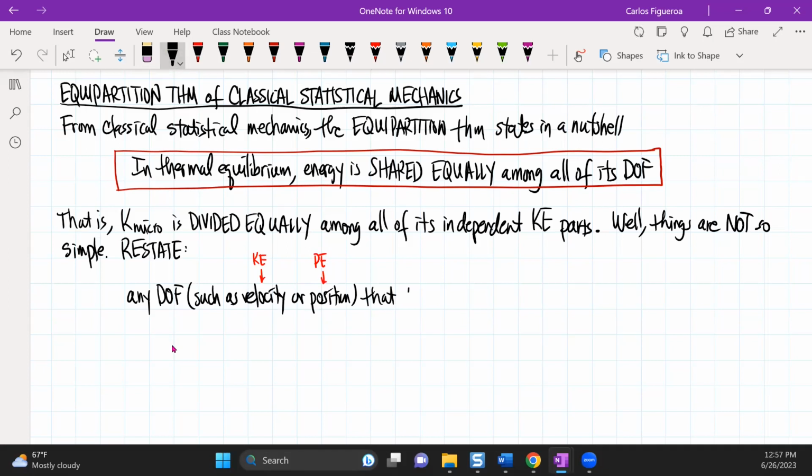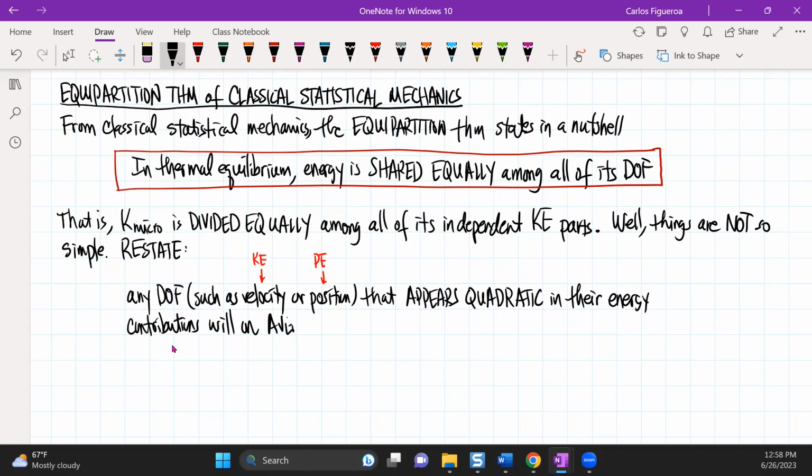That appears, okay, let me be careful now, appears quadratically in their energy contributions will, on average, contribute 1/2 kBT to the heat capacity.